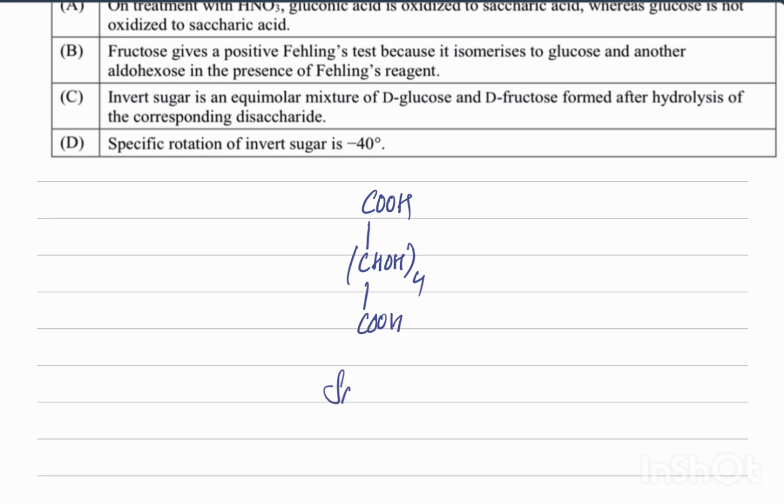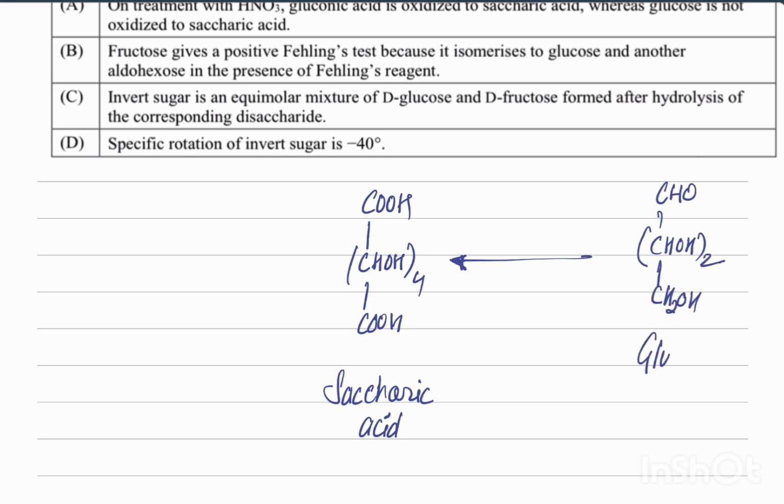This is our saccharic acid, and saccharic acid can be formed from both glucose by reacting with HNO3 and gluconic acid.